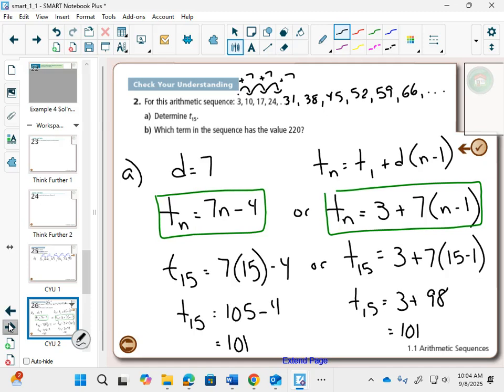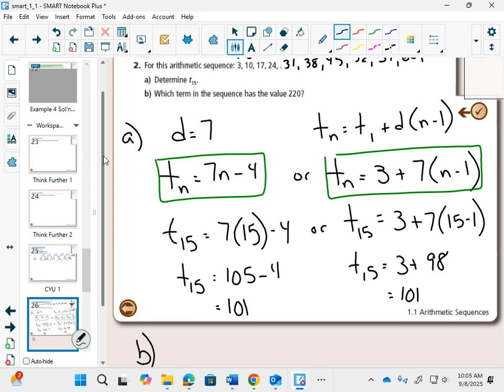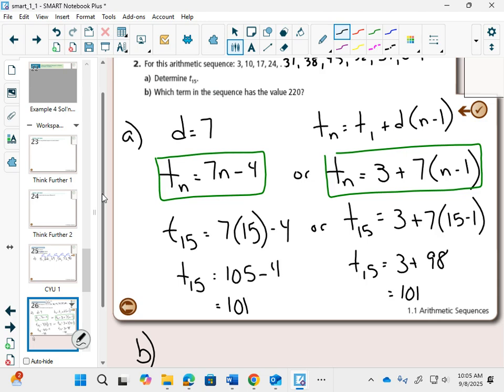Okay. All right. Part B. So, in Part B, they say you have a term that has 220. You just don't know which one. So, when you see this part here, which term, that's saying you have to find n.